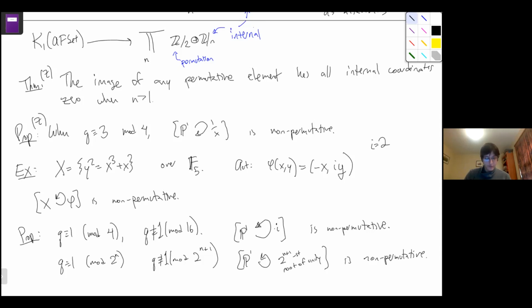So in fact, these two propositions, the one in the middle with Q 3 mod 4 and the one near the bottom, it's just a factor of needing something which is not a square. When you have a square, you end up with a trivial internal coordinate because of various computational phenomena. But what you want is to be multiplying by something which is not a square. And that was what I wanted to tell you about.